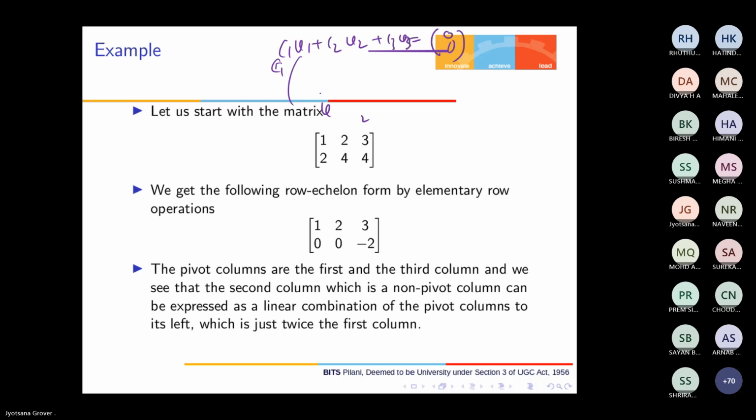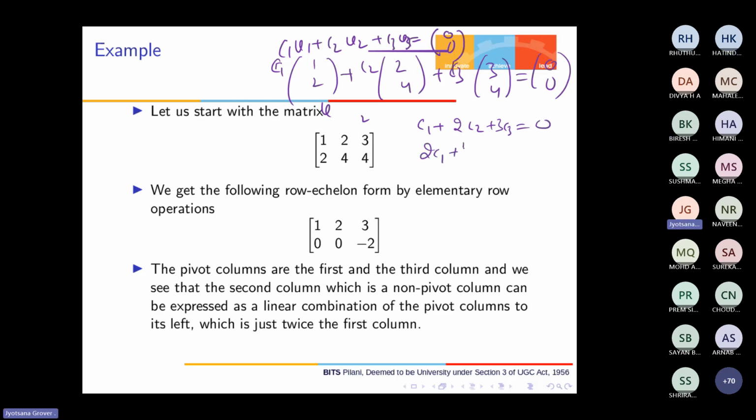So c1 (1, 2) plus c2 (2, 4) plus c3 (3, 4) equals (0, 0). Then you have c1 plus 2 c2 plus 3 c3 equals 0, and 2 c1 plus 4 c2 plus 4 c3 equals 0. Collect the coefficients: the matrix 1, 2, 3; 2, 4, 4, times c1, c2, c3 equals 0.